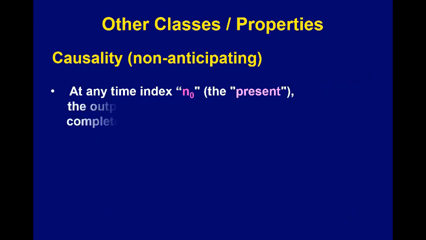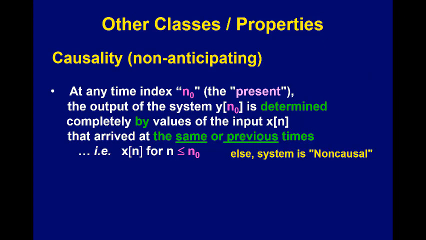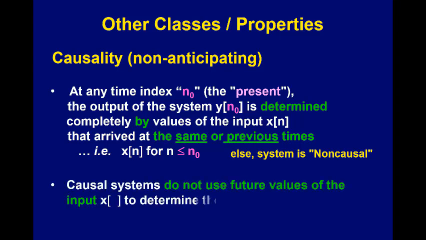Causality. A system can't anticipate. All I need to know is the input right now or in the past. I can't need any future information, because that's anticipating. Causal systems don't use future values of x.